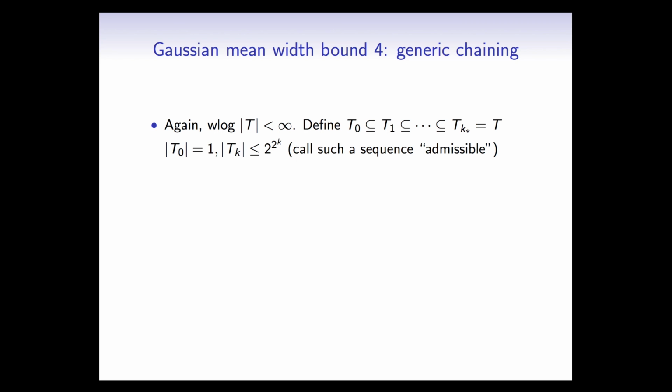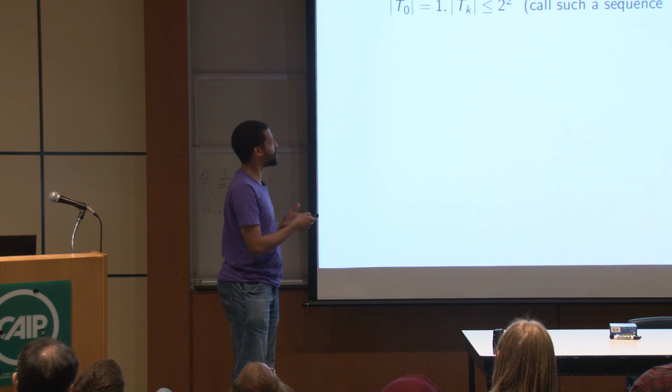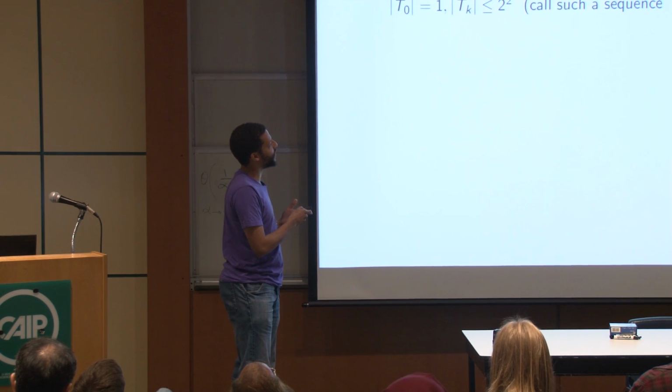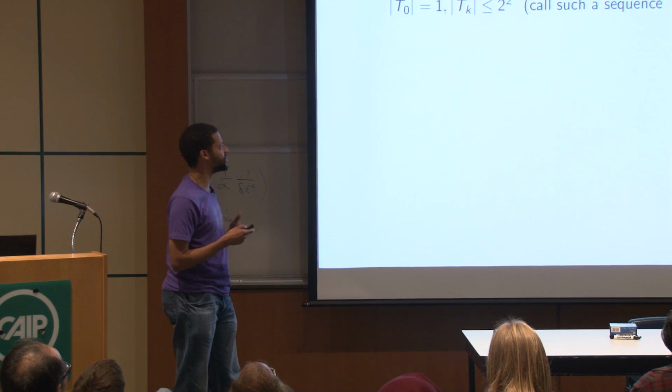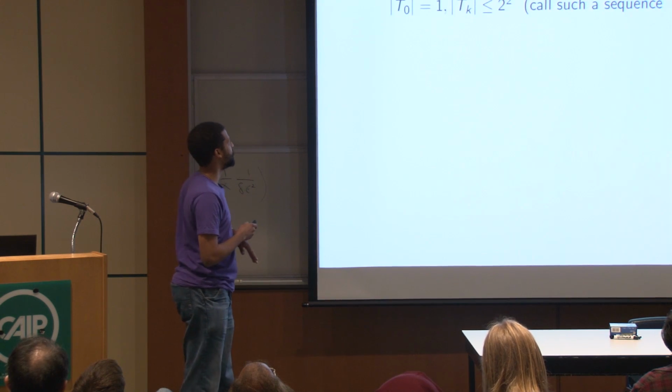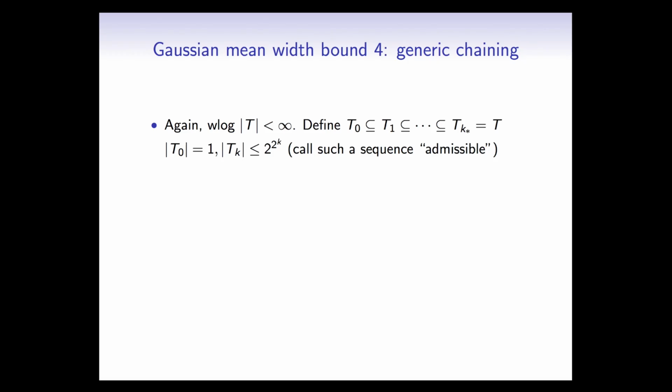An epsilon net is a set with the property that everyone is within epsilon of someone in the net. These don't have that property. They're just finer and finer approximations of T, but they're not nets. You'll see what I want out of them soon. T0 has size 1, just like before on the last slide with S0. And Tk I restrict to have size at most 2 to the 2 to the k. I'll show you in a second why you would define it this way.